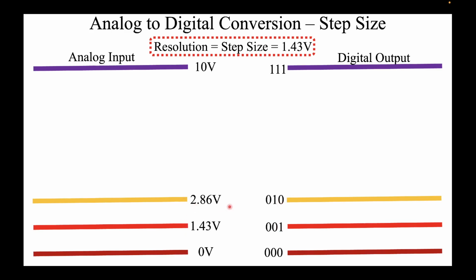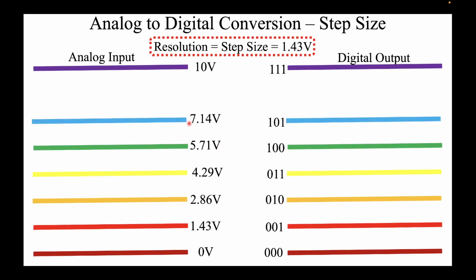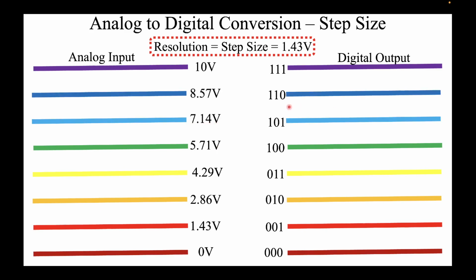Similarly, the jump here will be 2. You add 1.43 to 1.43, you get 2.86. Similarly, the next level would be 011 on the digital side, and it will be 4.29. Then it will be 100, 5.71; 101, corresponding level is 7.14; and the second last level is 110, and the corresponding level is 8.57. Obviously, if you go to the next step, which is 111, you will reach the 10 volts of analog input on this side.